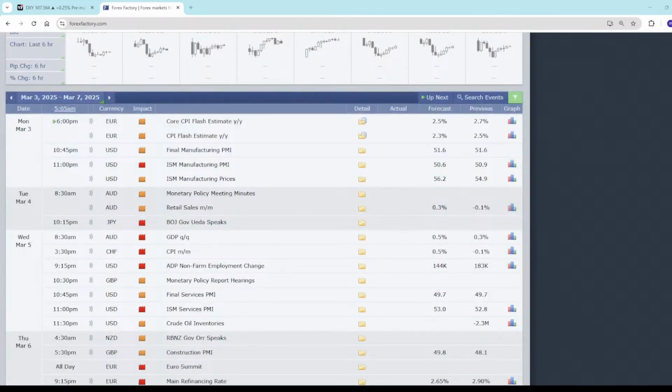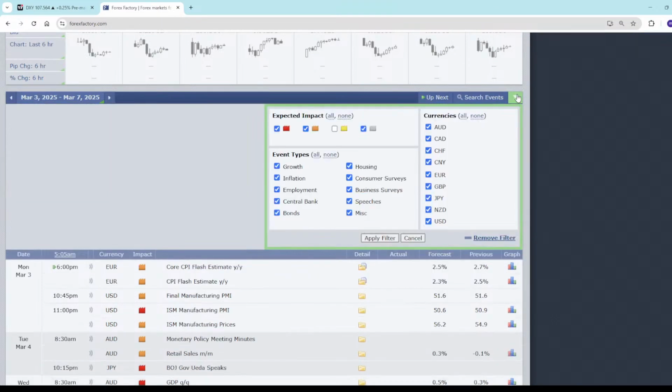Okay, and you can see I have it filtered to focus solely or mainly on the orange and red icons. So these are the medium to high impact events. So if you click on this green filter, you can look at the low impact events as well, which are the yellow icon, and any bank holidays, which are the non-economic events, or the gray box.